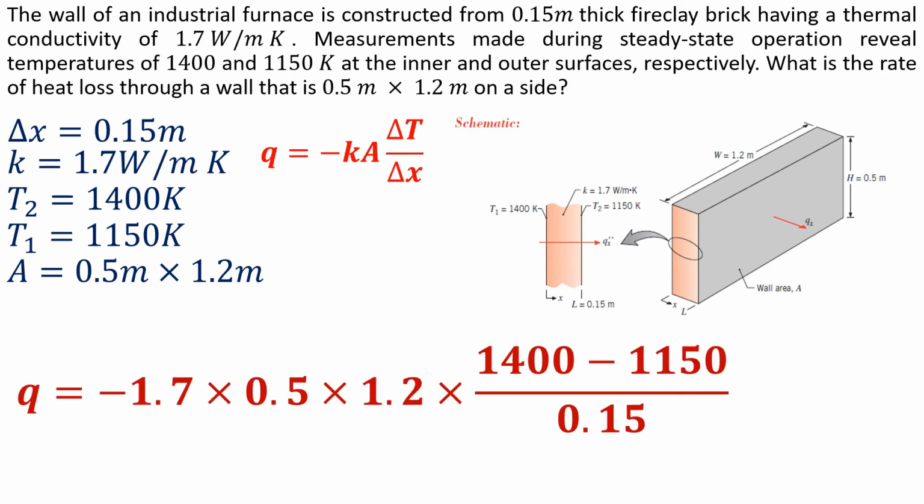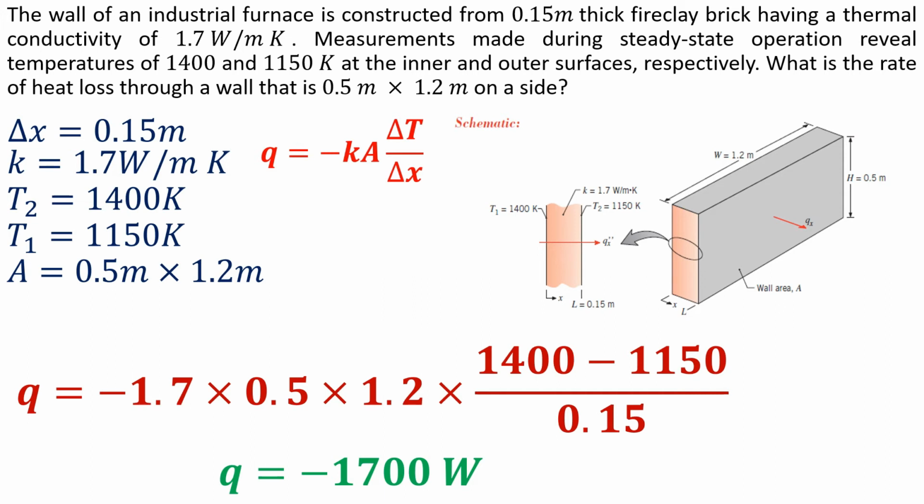After substituting the values of K, A, and delta T over delta X in the equation of Fourier's law, we have found that heat transfer will occur from higher temperature to lower temperature, and the heat transfer comes out to be minus 1700 watt.